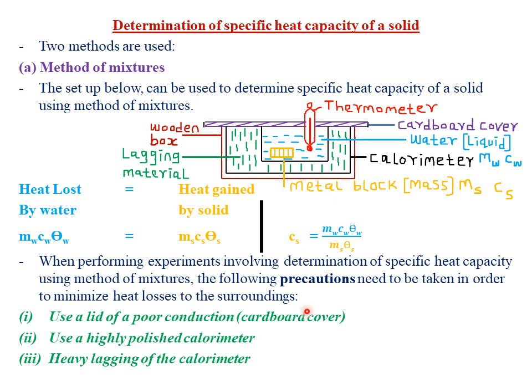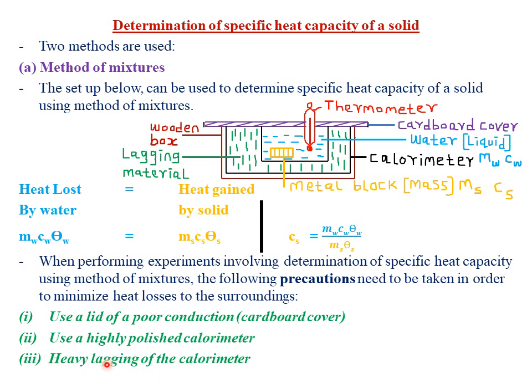Because under heat transfer, we said that shiny materials emit less heat away from them. So when the calorimeter is highly polished, it simply means that all the heat within that calorimeter will be reflected back. Therefore, it won't be lost to the environment.